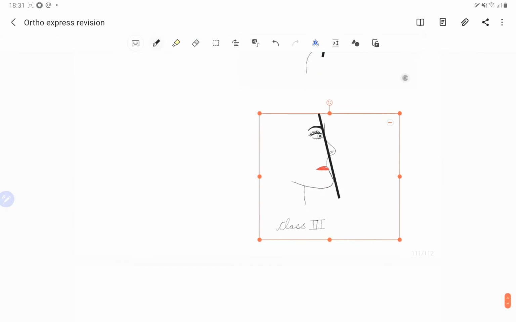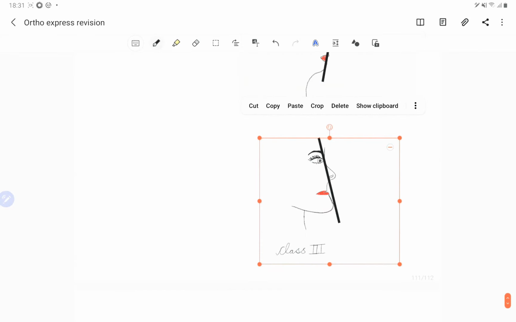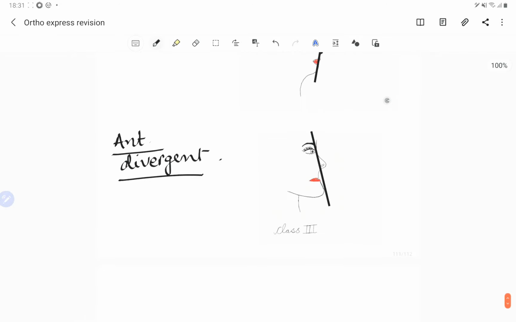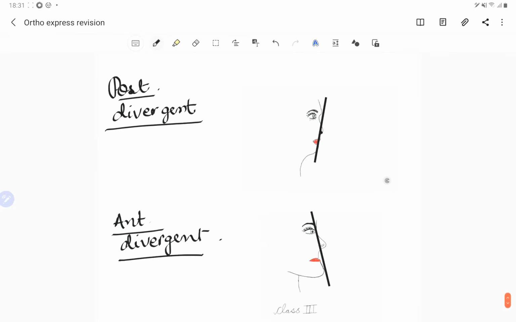As you can see, this line which is drawn between the forehead and the chin is inclining anteriorly towards the chin. So that is the reason why we call it anterior divergent. So this is the facial divergence. Now there is a line which is drawn from the forehead to the chin. It can be anteriorly inclined, or it can be posteriorly inclined.